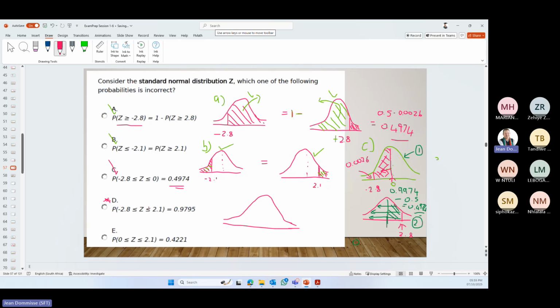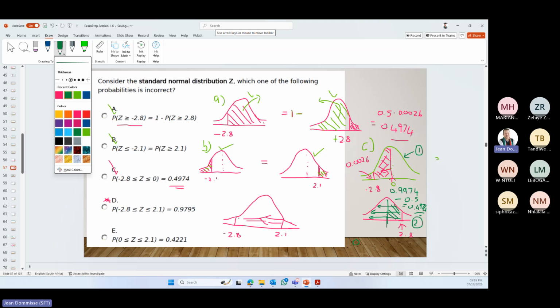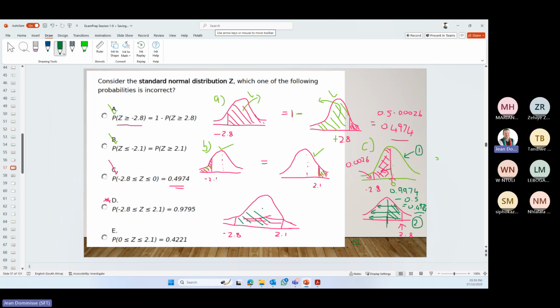Here they say Z smaller or equal to 2.1, so smaller than 2.1 but bigger than minus 2.8. So they want this area. They basically want us to work out what this area in green is.